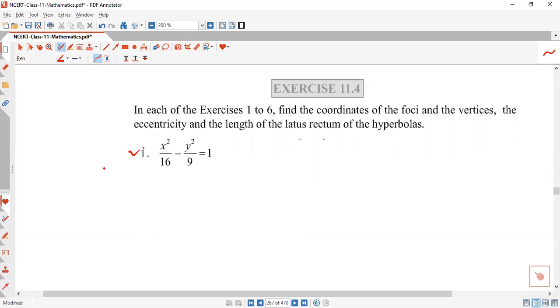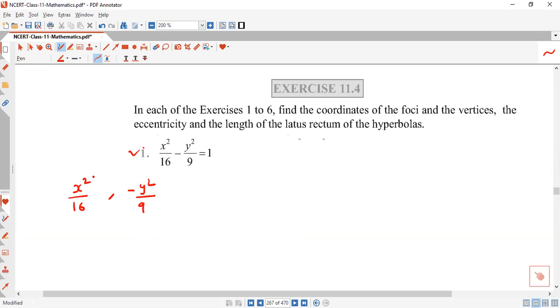Okay, this is the equation of a hyperbola. We see this minus sign is coming. Which one is the a square? There are two terms. You see, x square upon 16 is one term, and the second is minus y square upon 9.